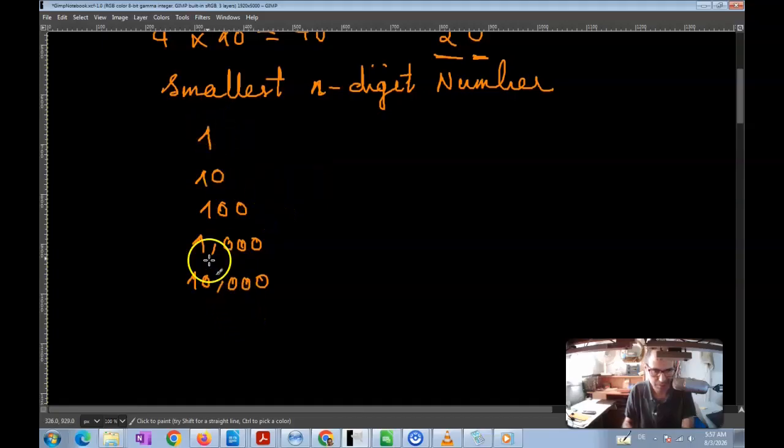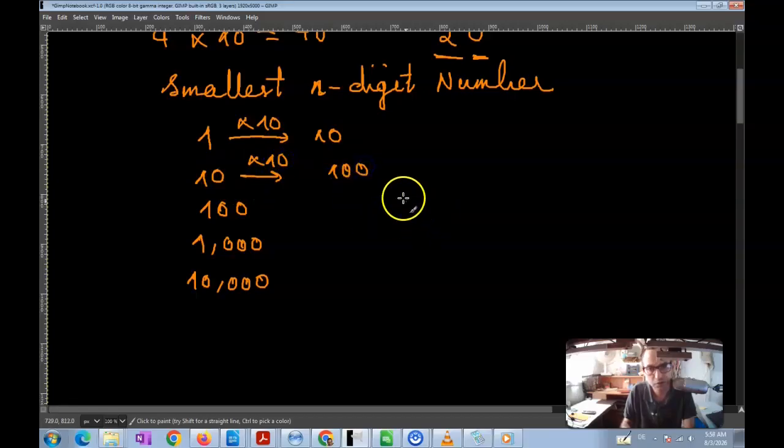Now, in the exact same way that we did the multiplication a few seconds ago, when you multiply these numbers by a factor of 10, another 0 is added to the end of the number. Meaning that if you multiply 1 by 10, you will get 10. If you multiply 10 by 10, you will have 100.